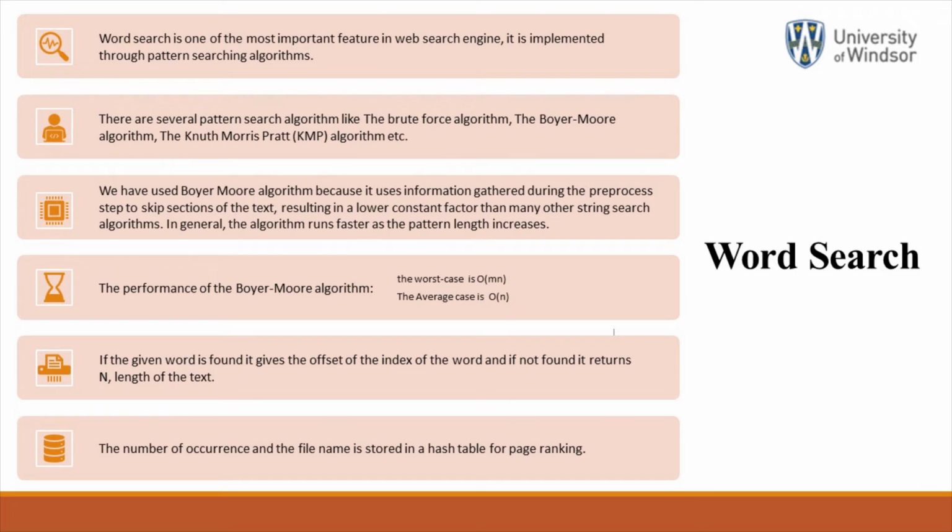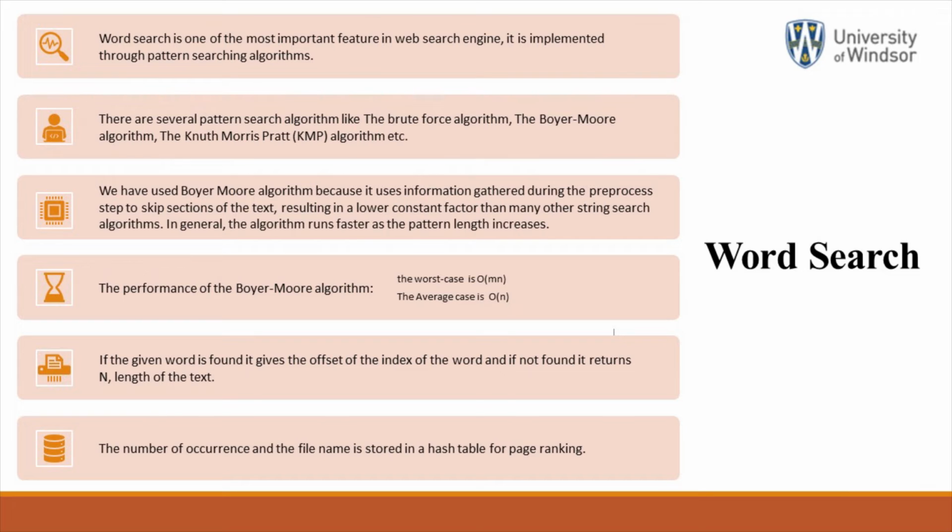We have used the Boyer-Moore algorithm because it uses information gathered during preprocessing to skip the maximum number of steps, whereas the naive algorithm passes the pattern step by step. The Boyer-Moore algorithm runs faster when the pattern size increases.